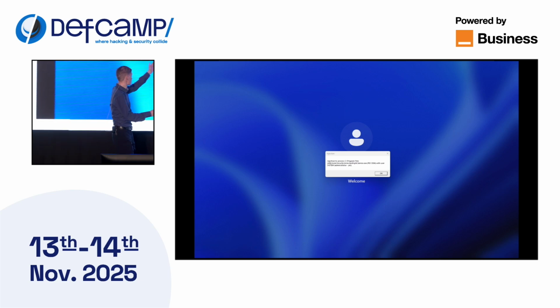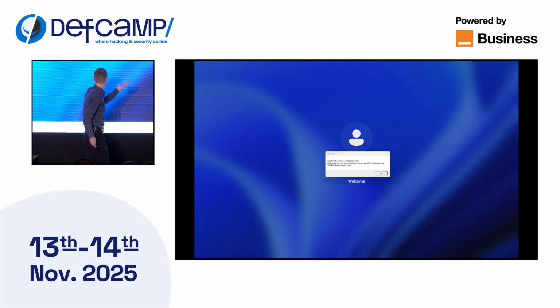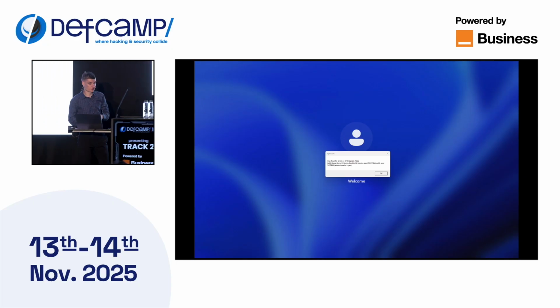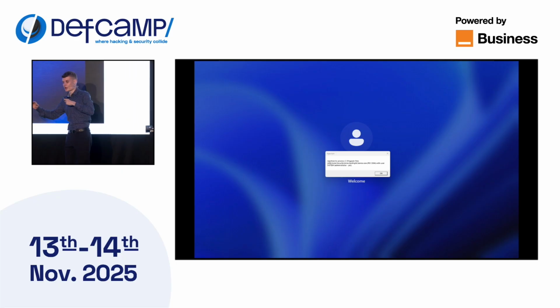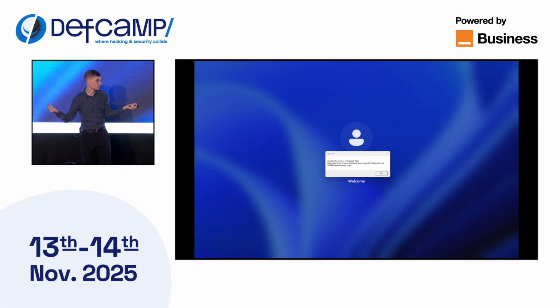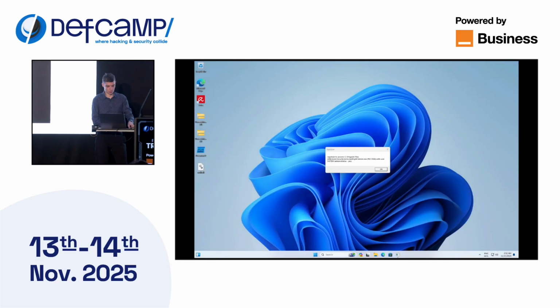Even before we saw the desktop, we see our window. We got injected into the Avira process, which means that now we can try to disable the antivirus, run malware in the context of the antivirus, and do whatever we want from this process. We have system privileges.